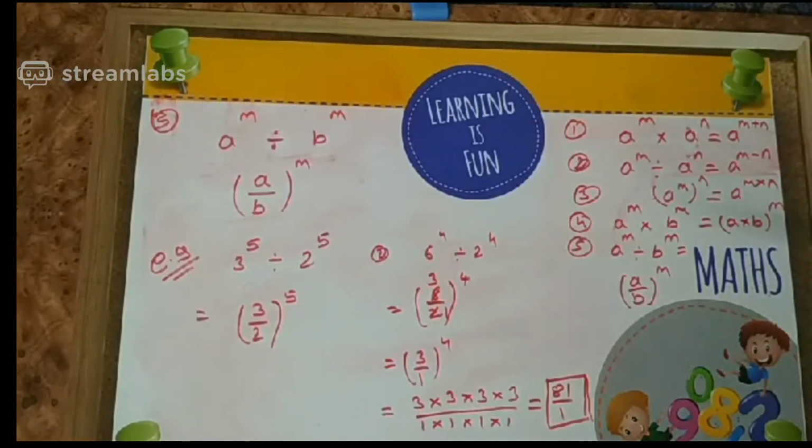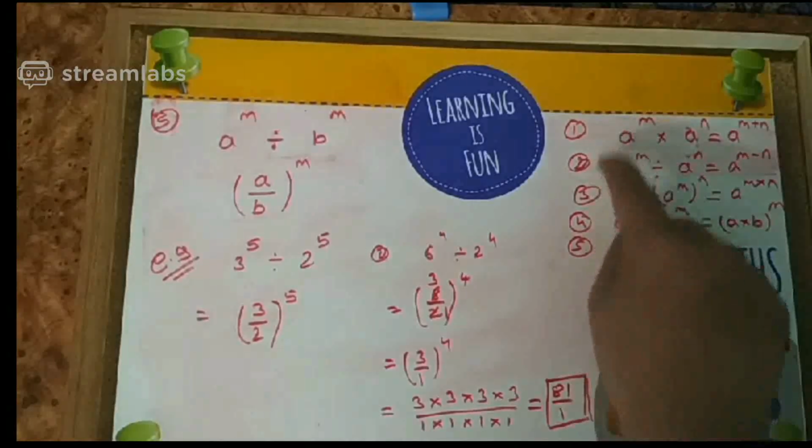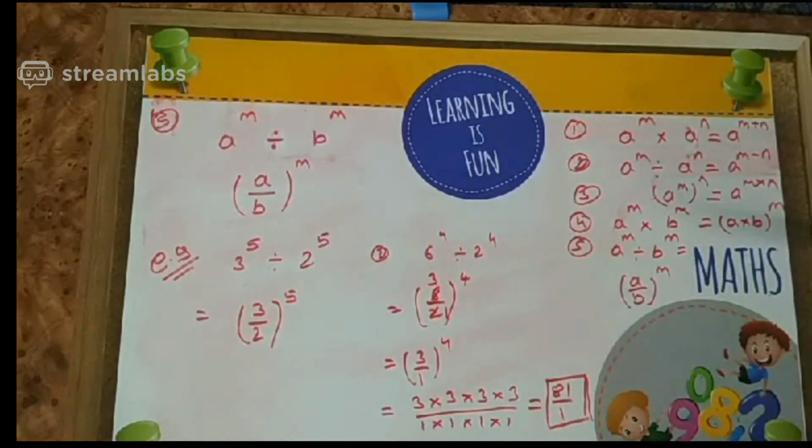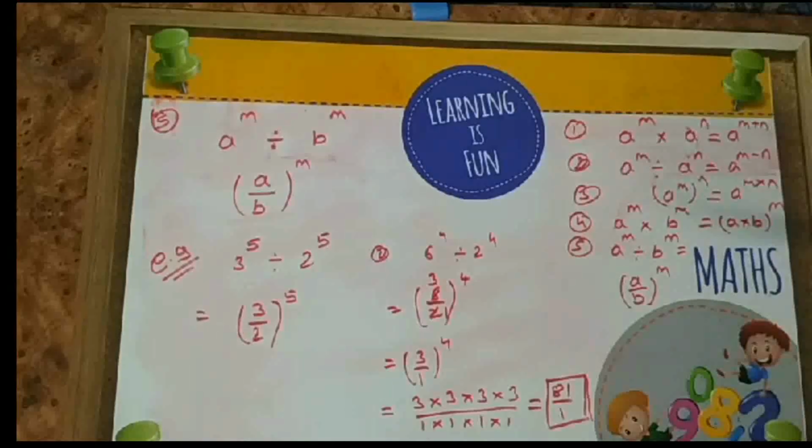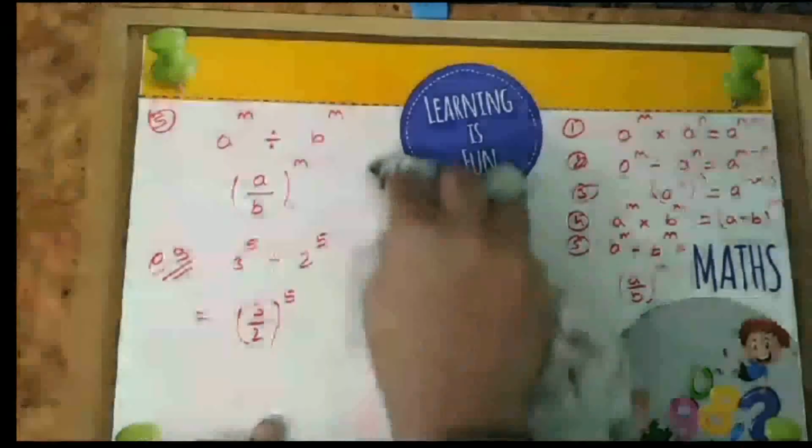So till now we have learned the 5 laws of exponents. Now we are moving towards the next law, and after that I am going to solve a few questions live. It will be easy when you are solving the questions at your end or in school or in some classes.